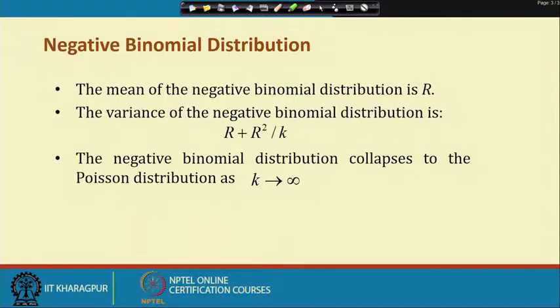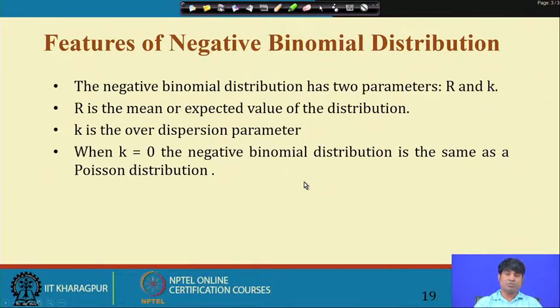In this case also it is a similar flow. When k approaches infinity, the negative binomial distribution will converge to the Poisson distribution. So technically, if your data set is very huge, the difference between the two models will not be so significant.